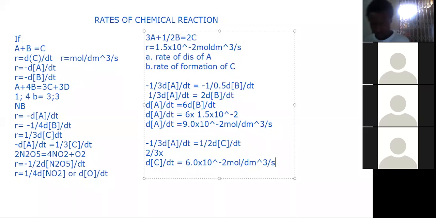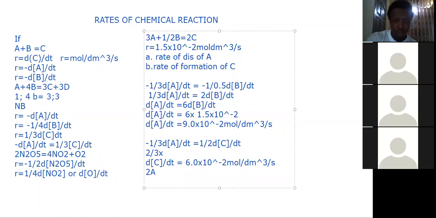Consider the reaction 2A plus 3 over 2 B maps to C plus 3D.